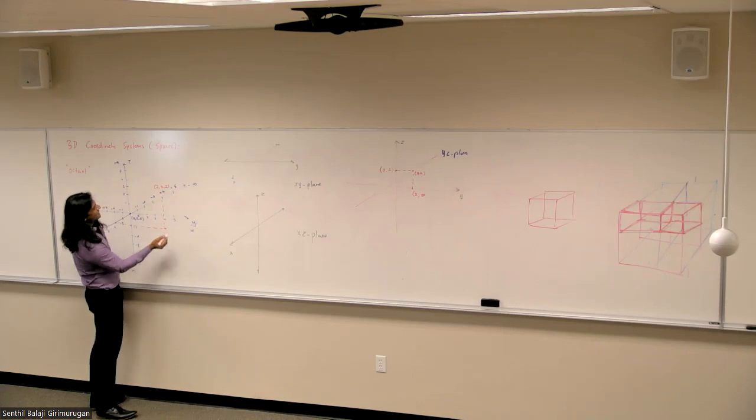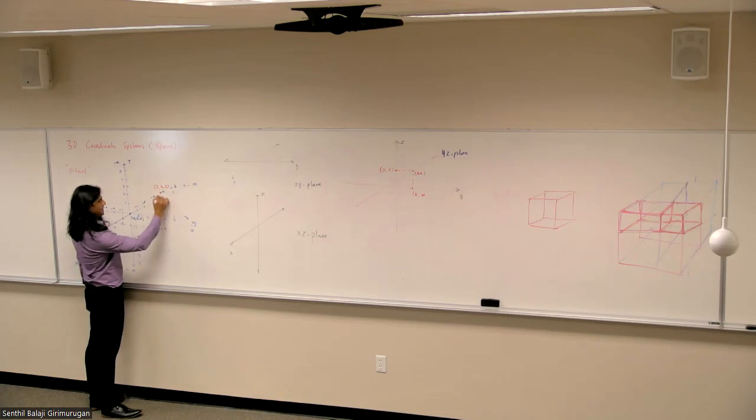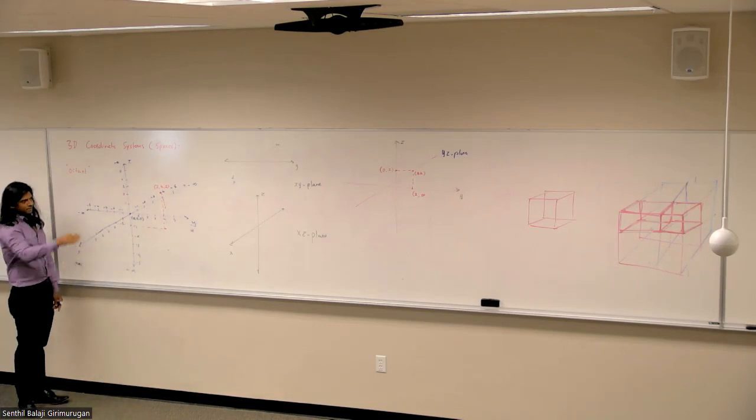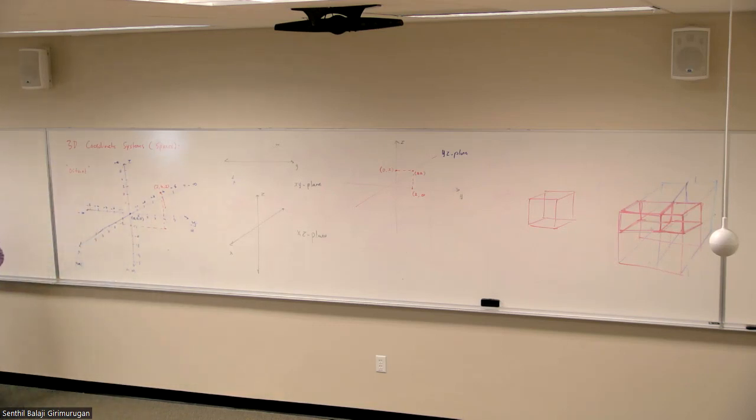Okay, so I'm going to sort of draw this. Let's say I'm projecting, dropping down. I will drop down to that plane. That projected point will have what coordinates? You're going to drop one coordinate.